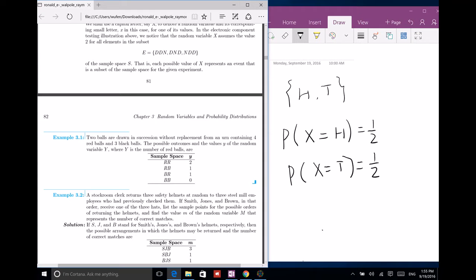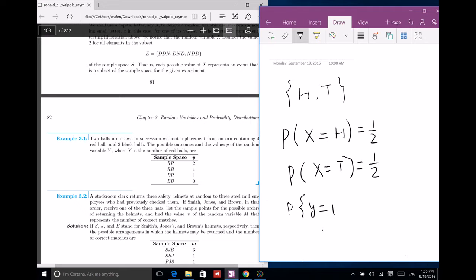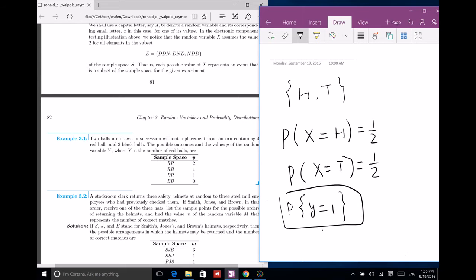So Y is a random variable. You can say the probability of Y equals 1. This means when you pick 2 balls, one of them is red. So you have a value associated with that number.